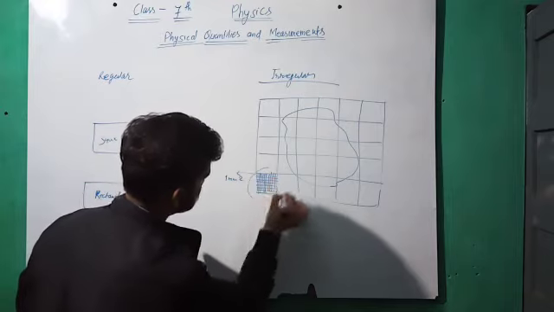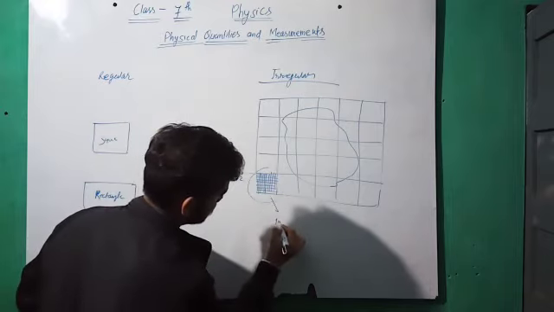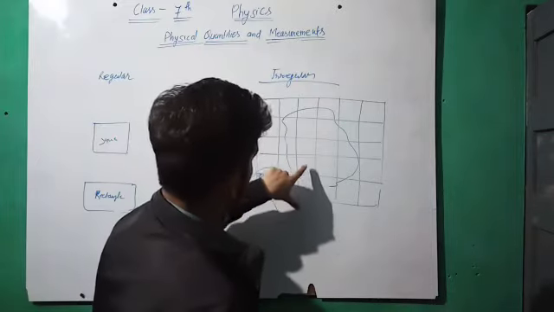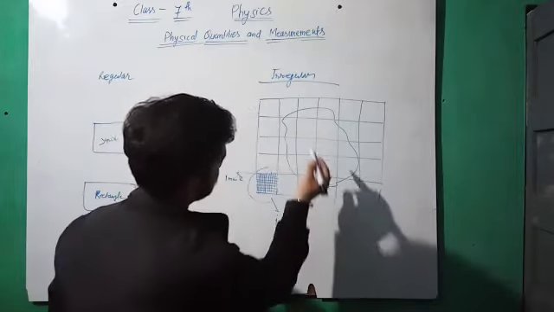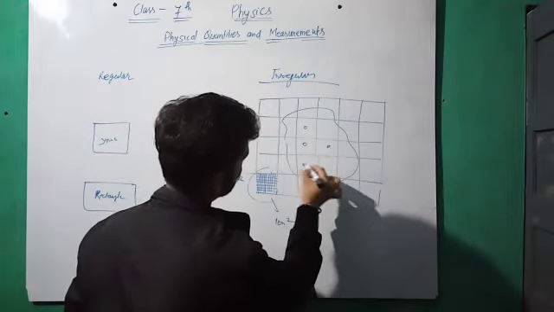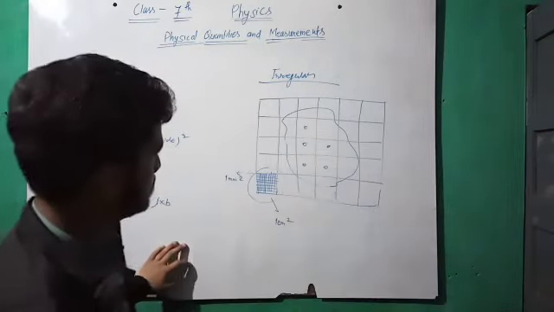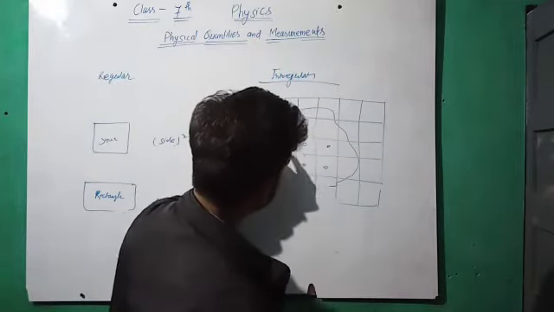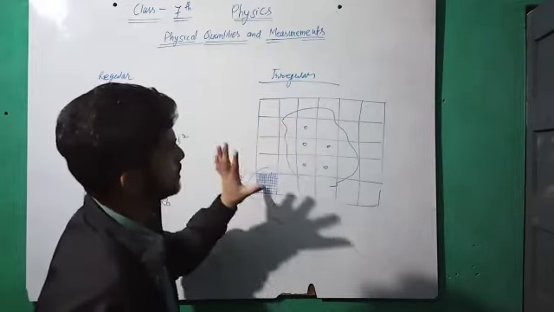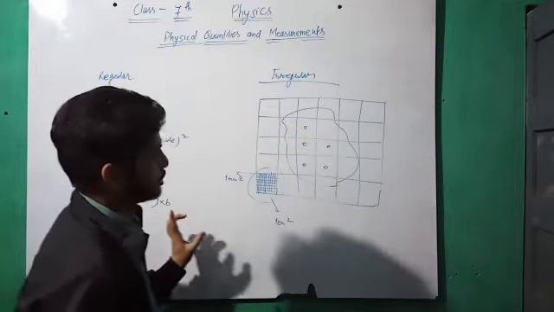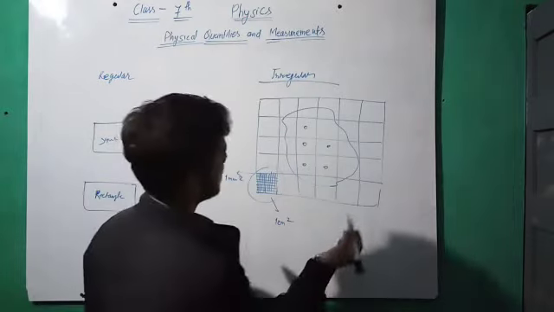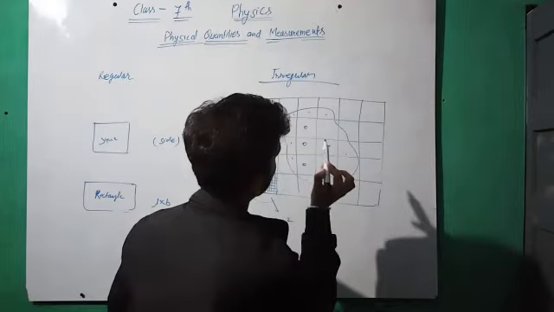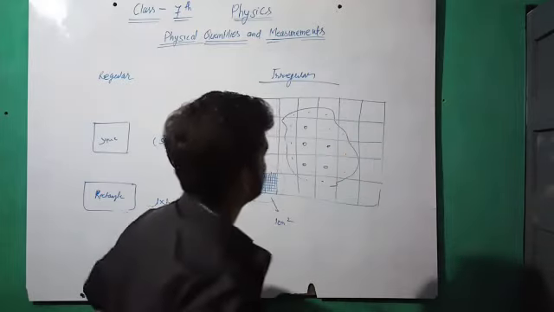And this square box is of area 1 centimeter square. If you want to calculate the area of this shape, then we can count 1, 2, 3, 4, 5 complete boxes, then half boxes and more than half. By using this method, we can calculate the approximate area, not the exact area. 1, 2, 3, 4, 5, 6, 7, 8, 9, 10, 11, and we have 12 parts in total.